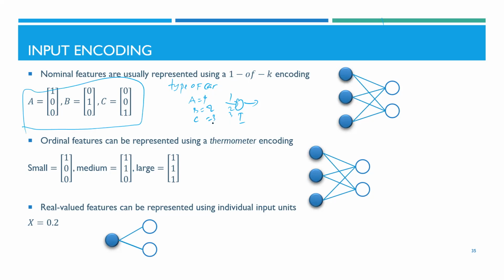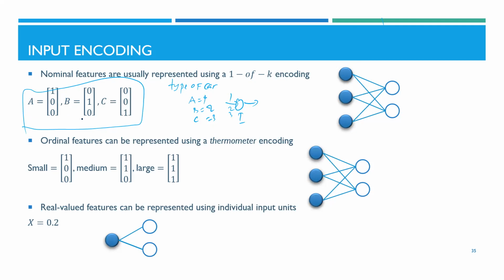We encode our data according to the theory. For nominal features, instead of using one node to represent all values, we break our node down into several nodes. For example, we have 3 values, so we encode them like this. For type car A it is 100, B 010, C 001.